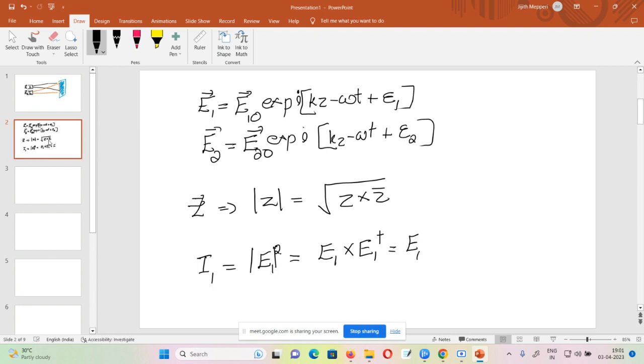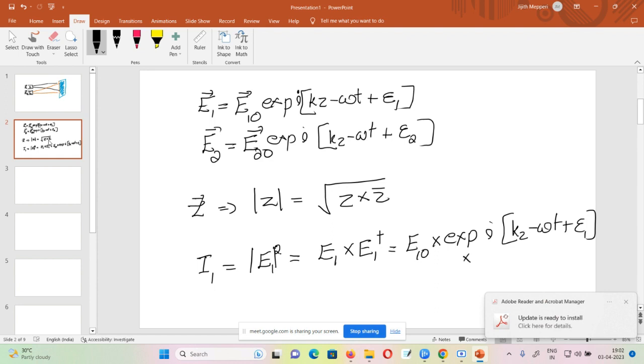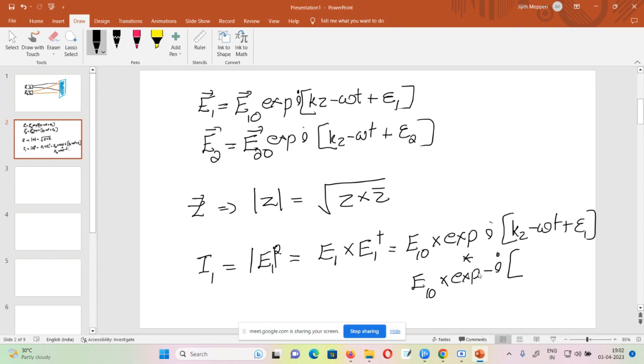It's E10 exponential i into (kz minus omega t plus epsilon 1) into E10 exponential minus i into (kz minus omega t plus epsilon 1).